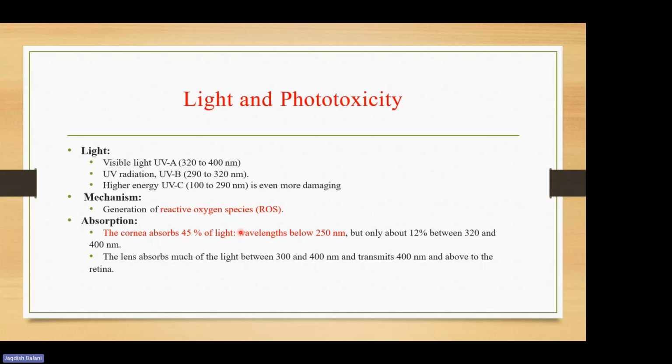But this mechanism of light is also used for phototherapy. If you consider it as phototoxicity, then definitely it will create a toxic response to the eye. But to treat some unwanted growth of tumor, or even macular degeneration with additional angiogenesis, it has been treated with the help of ultraviolet rays.